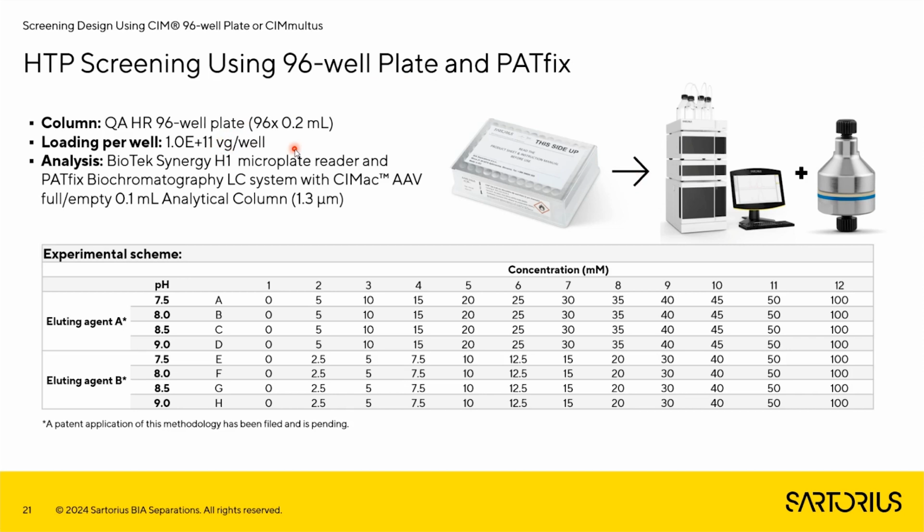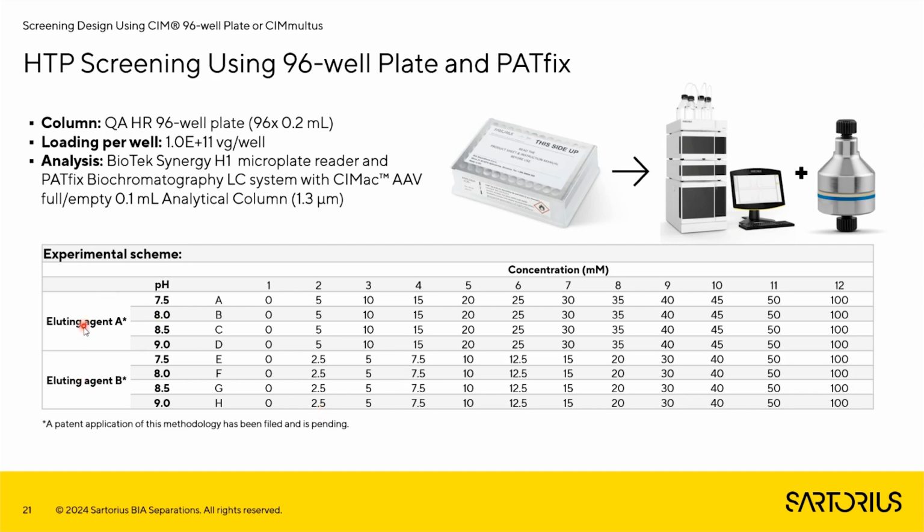We loaded 1E11 per well of the plate, and we used the microplate reader in addition to the PETFIX system. Here is the experimental scheme for the conditions that could be tested and what we used.